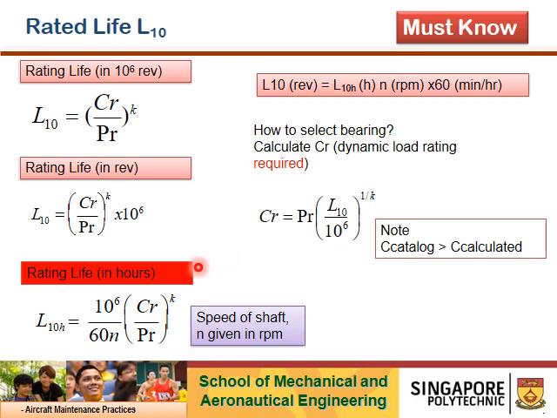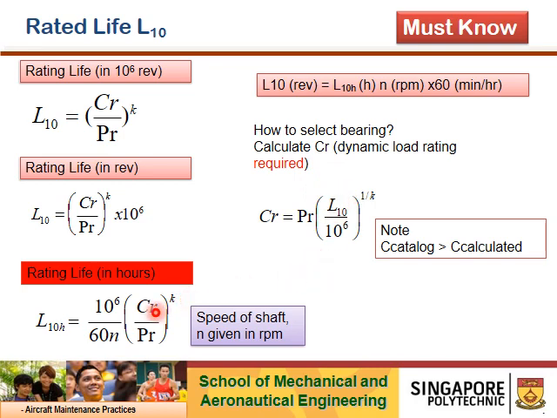All right. So by knowing my L10h, right, actually I know that before it reaches the required hours, I will stop my production, remove the bearing and replace with a new bearing. If not, if you run through it, then the bearing will fail, disintegrate or seize, and my whole system may have a catastrophic failure.